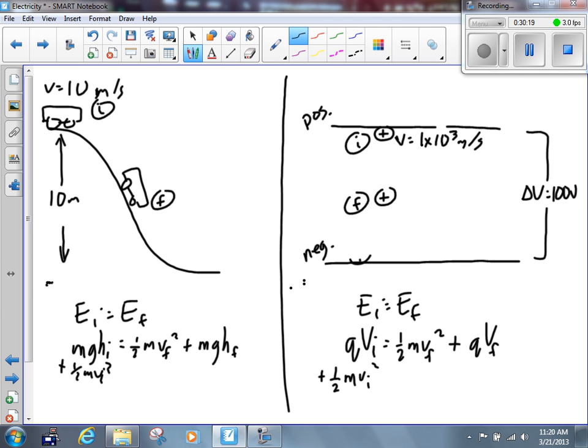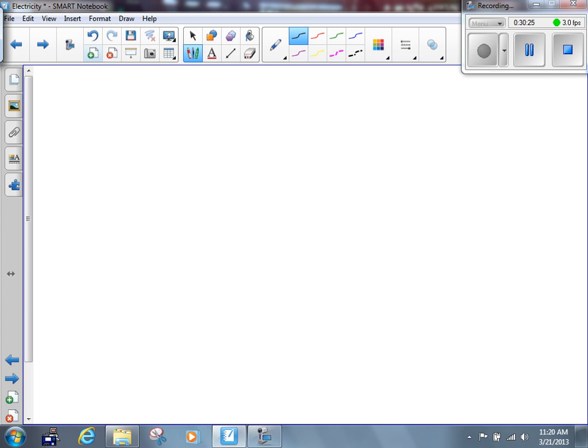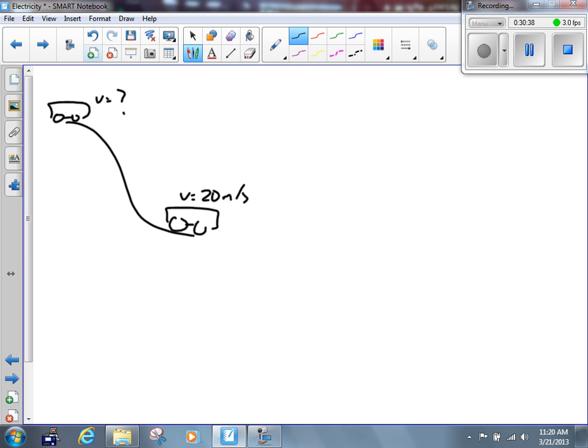One more before we actually do a problem here. Let's say now the car is at the bottom of the hill and it's moving at 20 meters per second. We want to find out how fast this car is moving at the top of the hill.